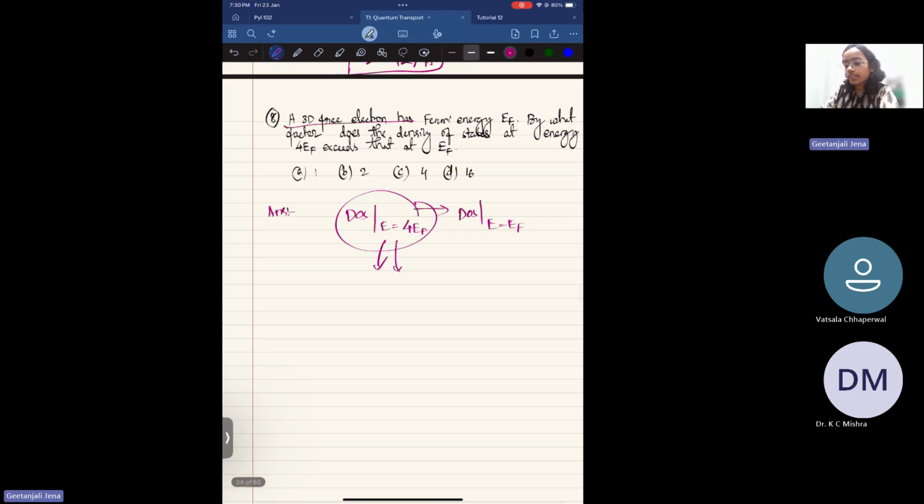Remember, it's given 3D free electron. Then the density of states changes when you are considering different dimensions. For 3D, it is different. For 2D, it's quite different.